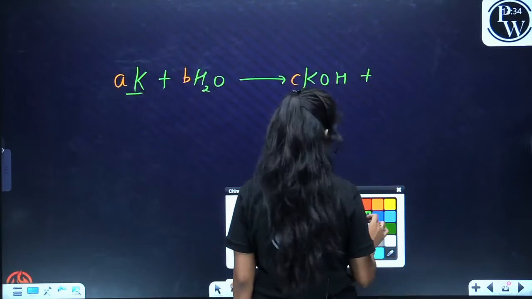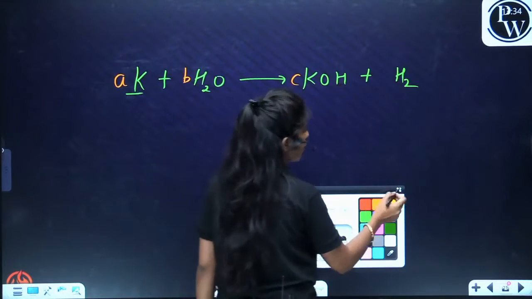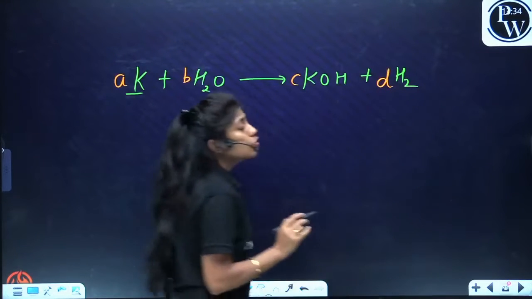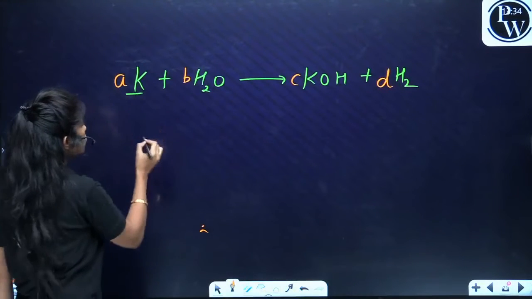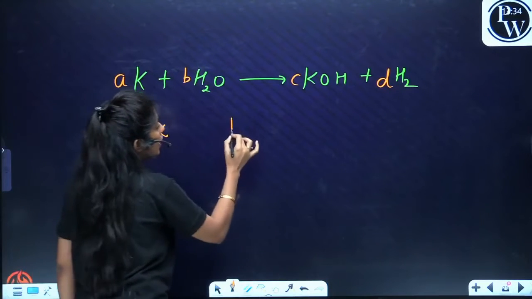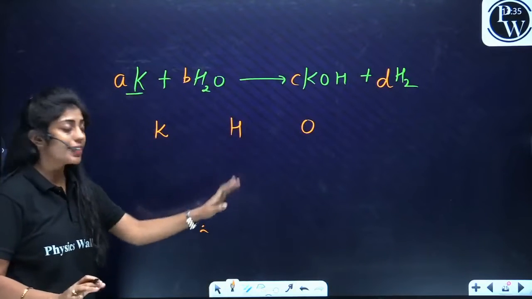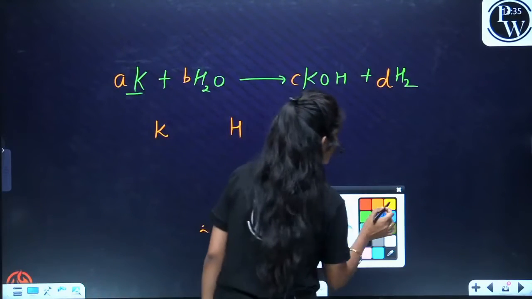Let me write it again. That is H2 and this is D. Right. So basically what I have to do: suppose we have the elements K, hydrogen, oxygen. These are the 3 elements involved in this reaction. Yes or no? Of course.